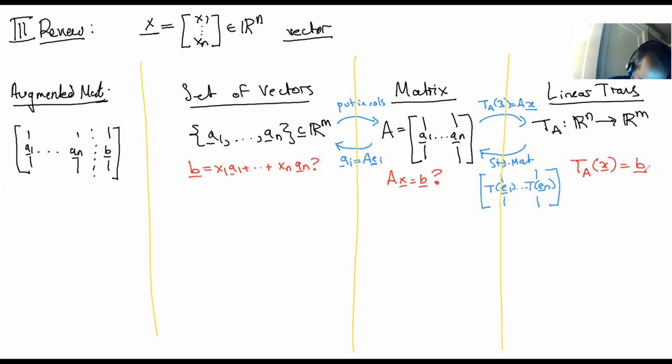Or maybe I shouldn't even write it as a question. Just write this statement, right? So you have this relationship. In the vector world, it's saying that b is a linear combination of a1 through an. In the matrix world, it's saying A times x is equal to b. In the linear transformation world, it's saying T_A of x equals b. So the linear transformation T_A maps x to b. And when you ask the question of whether such x exist, you get this linear system. You get the augmented matrix on the left, right? So all these are related.